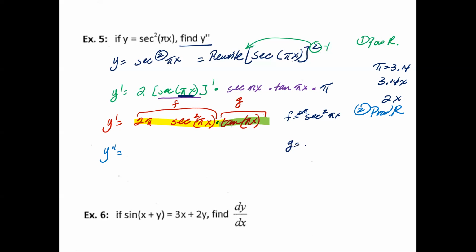And then G is going to be tangent pi x. Go ahead and figure out what the F prime is and what the G prime is, and then go ahead and plug that into this product rule of F prime times G plus F times G prime, and you will have your answers from that.